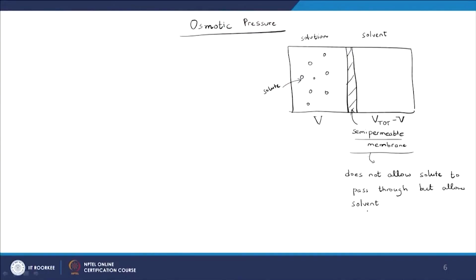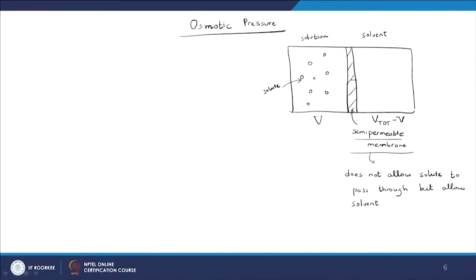Solute, if they are larger molecules compared to solvent, this is typically an easier way to think about it. So now, to maintain the solution at a constant volume V, we do need to apply an external pressure pi, which we call an osmotic pressure.